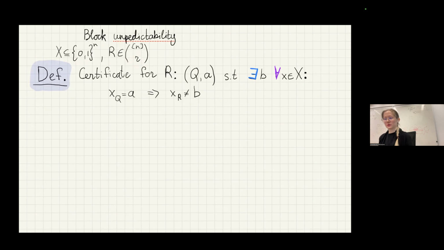So just subsets of indices in the string of size r. So I have some subset of indices R, and I say that a certificate for R is a pair (Q, A) where Q is also a subset of indices, and A is a value on these indices. And let me draw a picture right away.